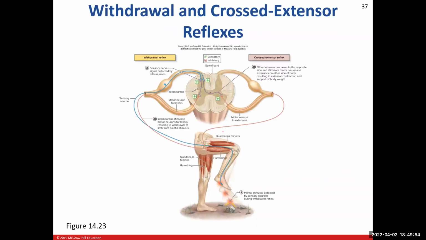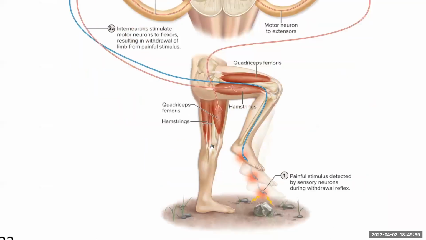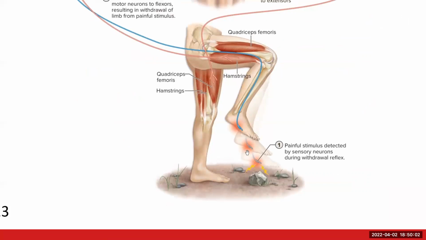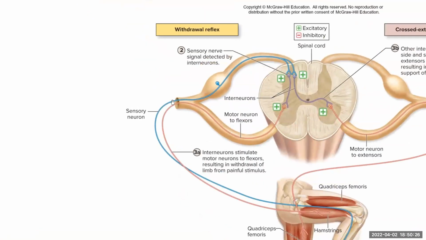So let me show you. Don't pay attention to the right side of the page, only pay attention to the left side. So here you are, walking along out in the woods, barefoot for whatever reason, and you happen to step on this sharp rock. The nociceptors on the bottom of your foot are activated from that painful stimulus, and they send sensory input up the sensory neuron, that's our blue string here, into the spinal nerve, into the posterior root, and then into our spinal cord.